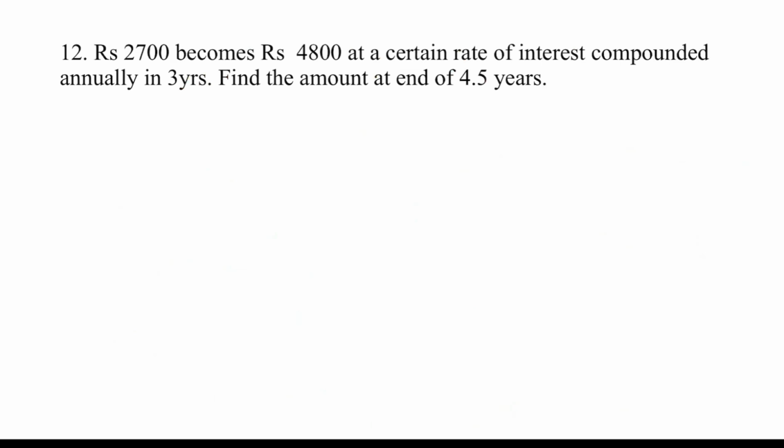Rupees 2,700 becomes rupees 4,800 at a certain rate of interest compounded annually in 3 years. So in 3 years, we don't know the rate of interest, but in 3 years 2,700 is becoming 4,800.